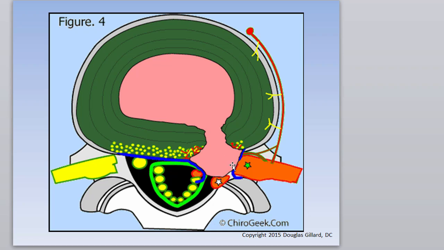Next, worsening. Now we have a much bigger herniation here. Now the base is about the same as the poking outness, the posterior extension of the disc, if you want to be technical. This might actually be a little bit deeper here. Kind of hard to tell.